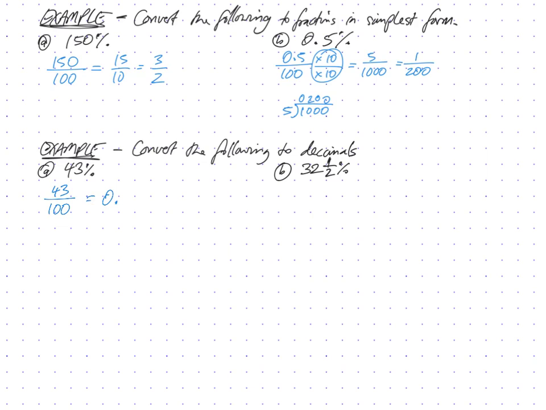If I've got 43 hundredths, there's 3 in the hundredths column, and tenths are 10 times as much as the hundredths column, so it's going to be 0.43.